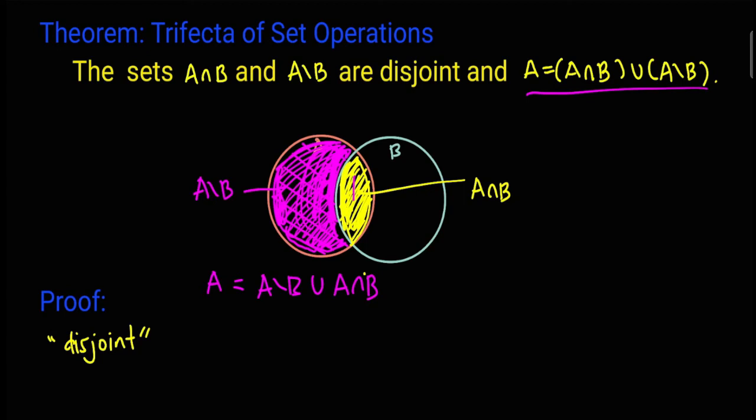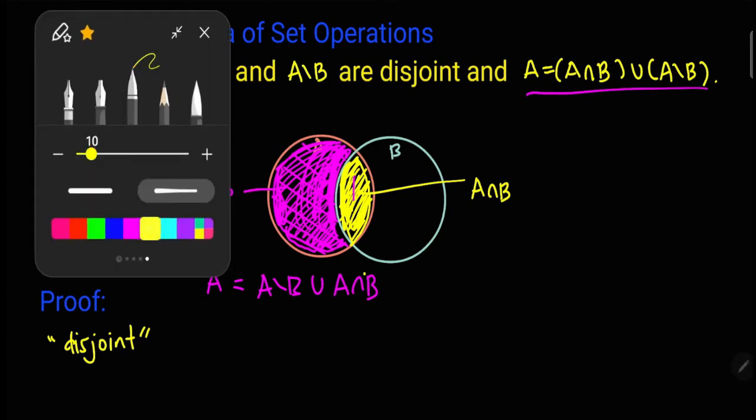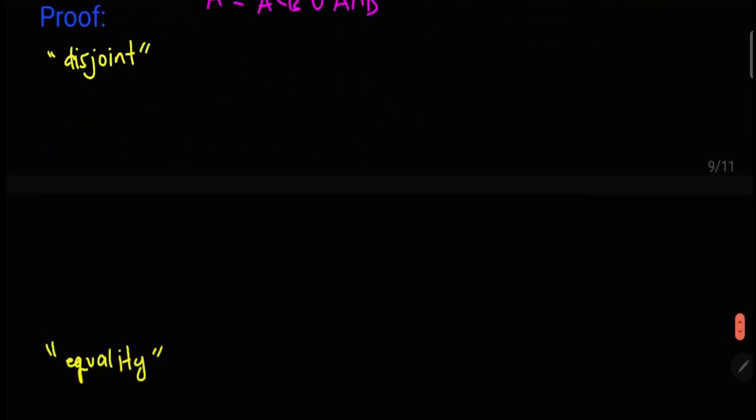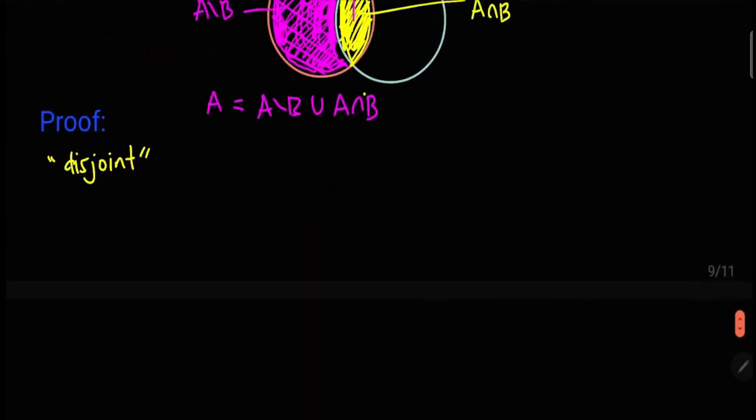Okay. So first, let's show that they are disjoint. Now, to show that they are disjoint, all we need to do is to show that their intersection is empty, or that they contain no common element.